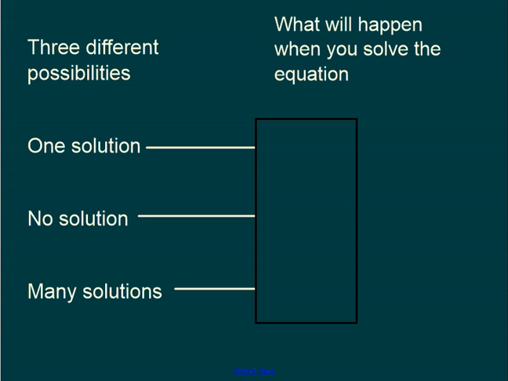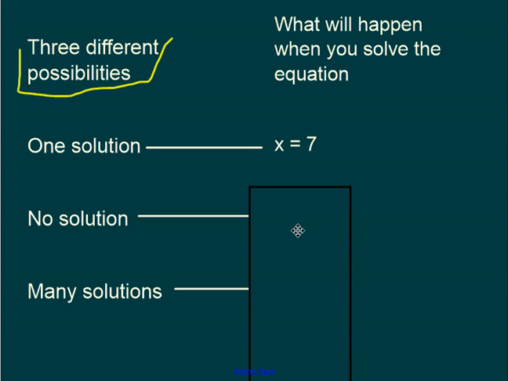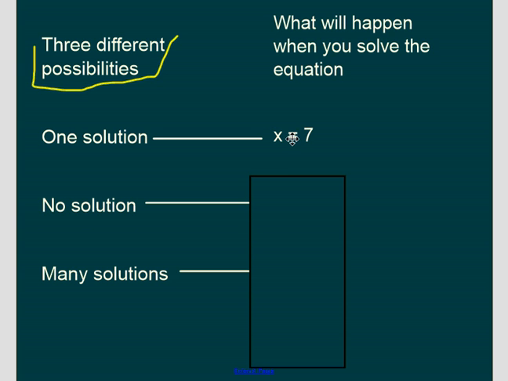I want you to know that there are three different possibilities when you're solving equations. You're going to see one of three things happen when you actually solve the equation and find your answer. If an equation has one solution and one solution only, this is what you're used to, you're going to see something like x equals 7. You're quite familiar with these at this point.